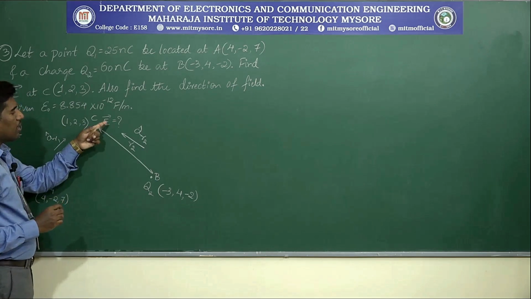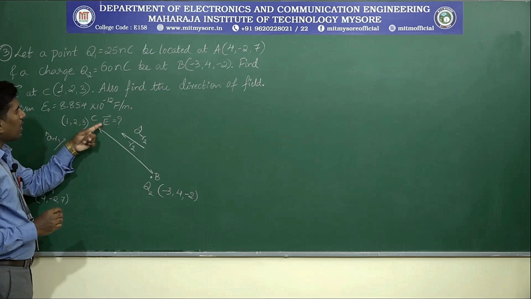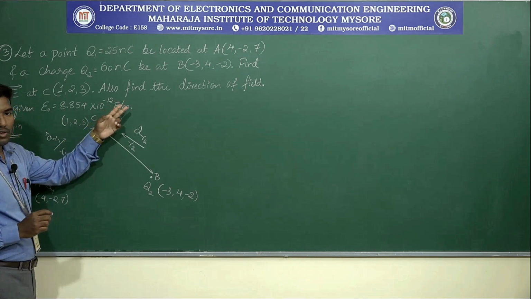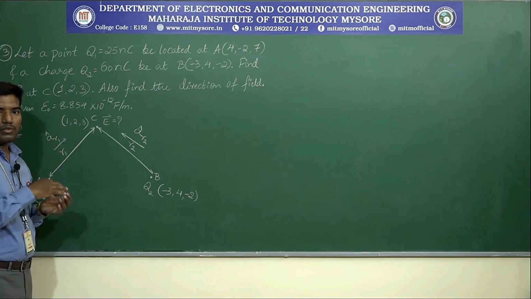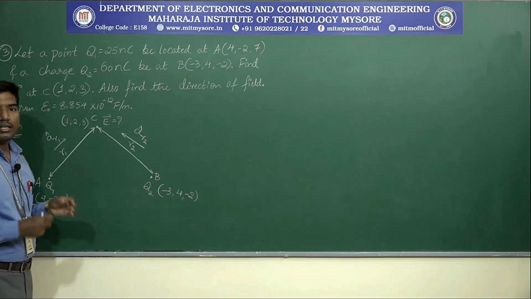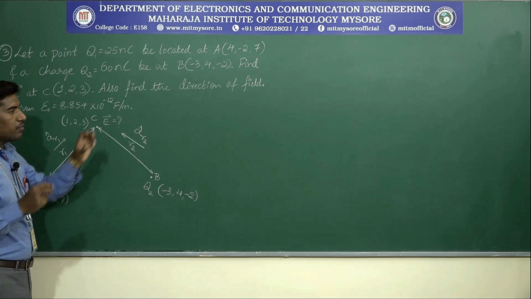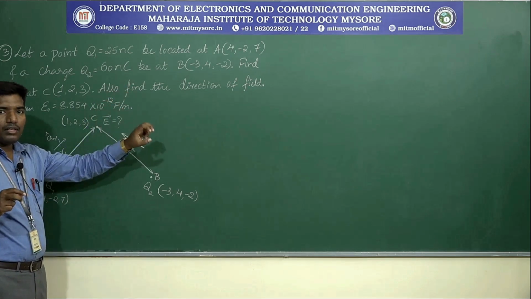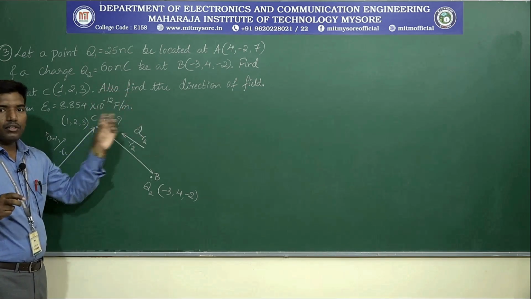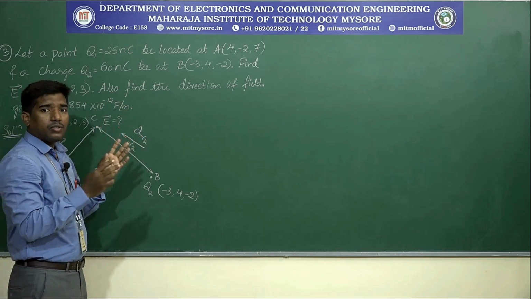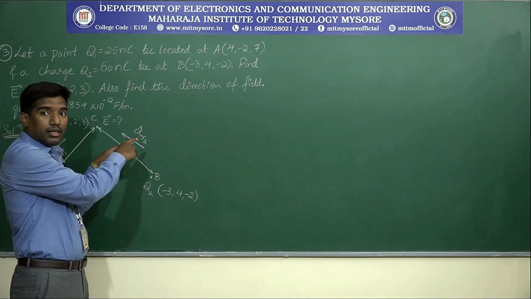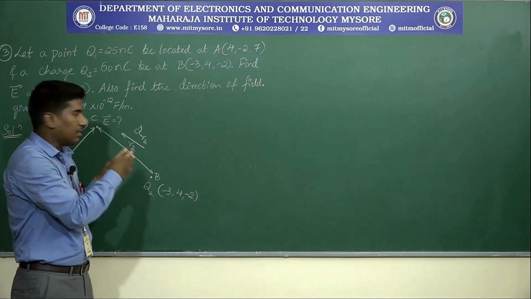We need to find out the electric field intensity at point C, and we need to find the direction of the electric field intensity. So let us recall the previous topics which we have learned while studying the electric field intensity. So we have seen the electric field intensity at a point due to n number of point charges, right? So we need to apply the superposition theorem. We have learnt already, right?